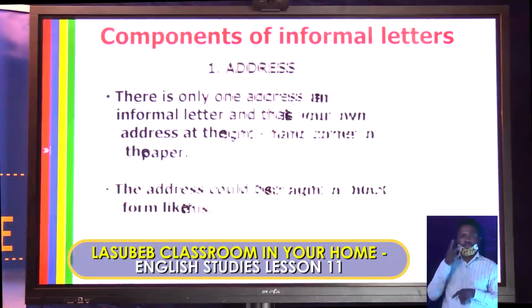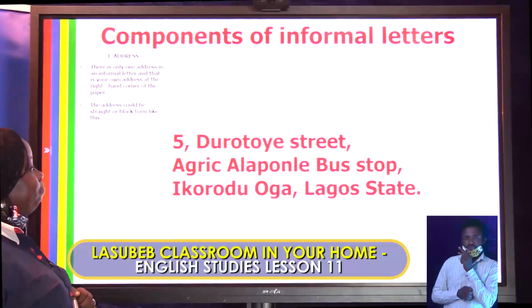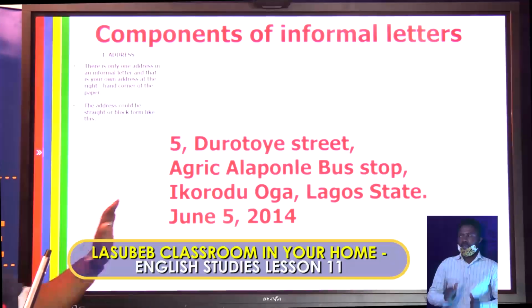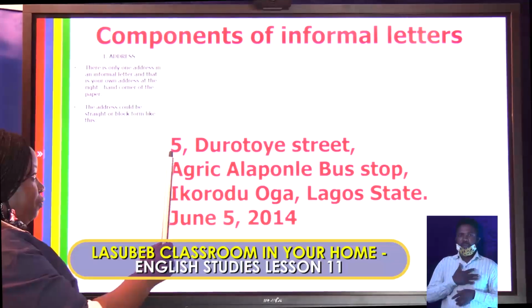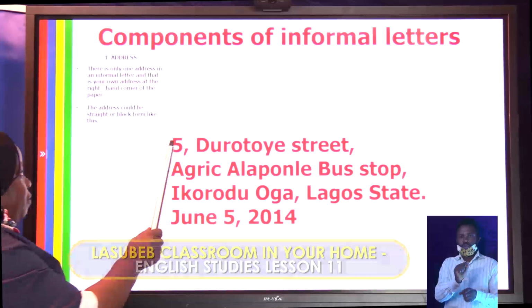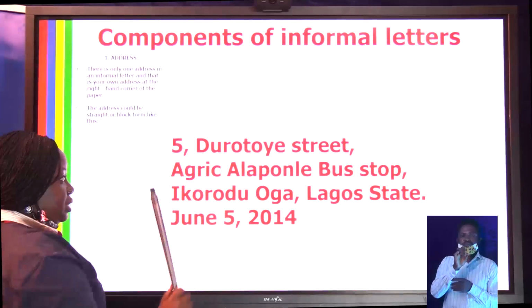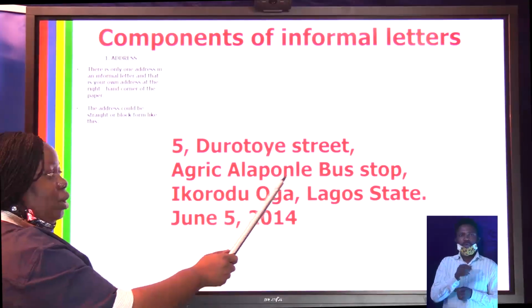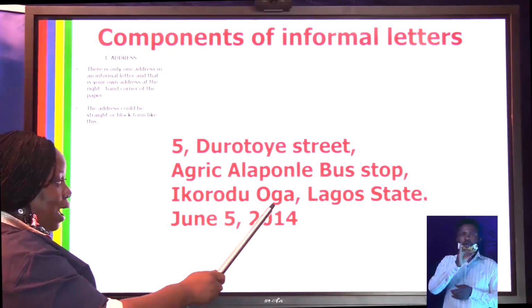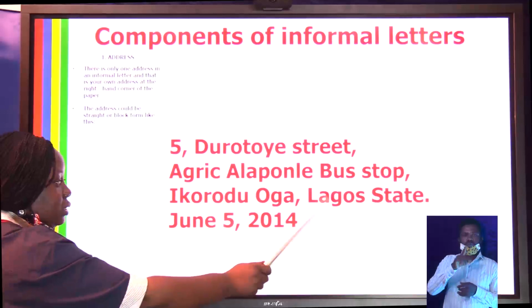Let's see. This is a sample of an address. This is my address. 5 Durotoye Street, Agric Alaponle bus stop, Ikorodu Oga, Lagos State.